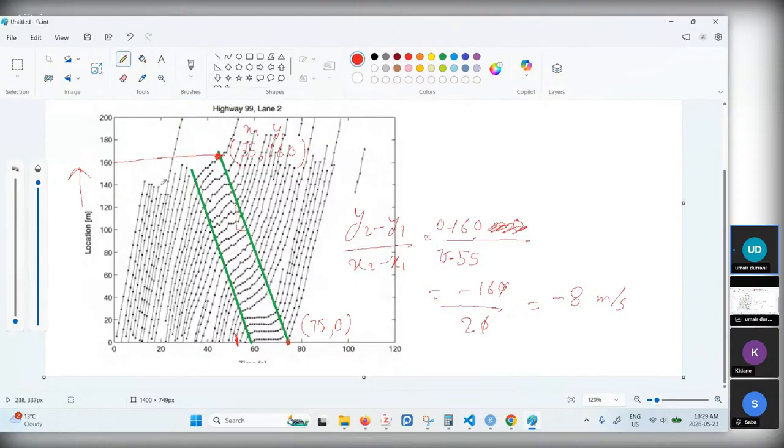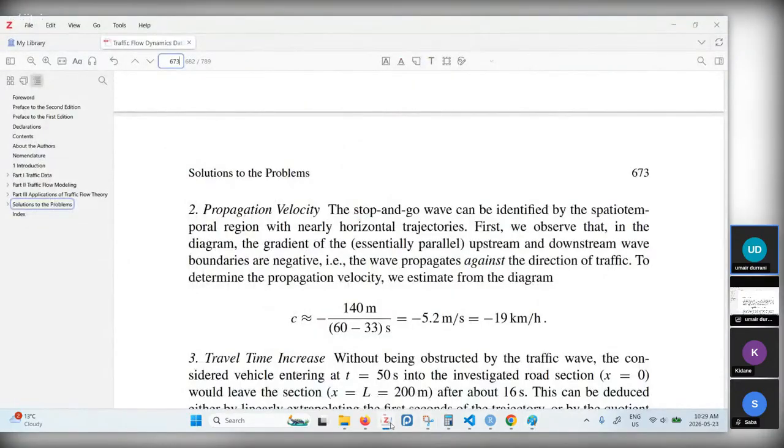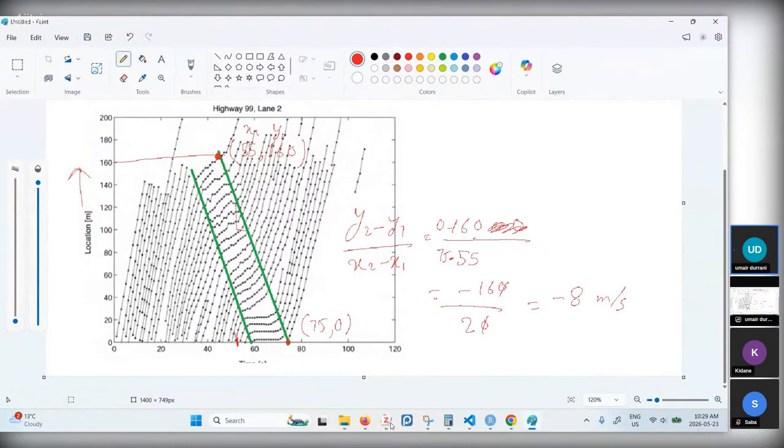So they actually took this value, didn't consider this trajectory, and divided by 60 minus 33. If we take these values, 140 here, so here, this is not drawing it correctly, but it's roughly 60.